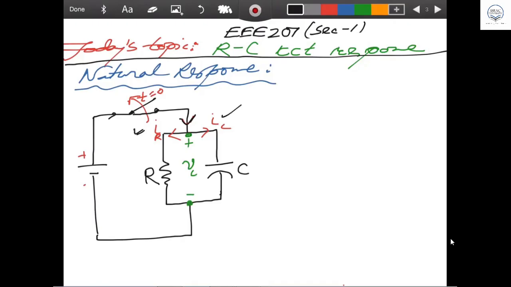Exactly the same way, you should think that the charge is accumulating in the capacitor due to the current flow, and Q and V are proportional. I told you, the more the charge accumulates, the more the voltage across the capacitor increases.